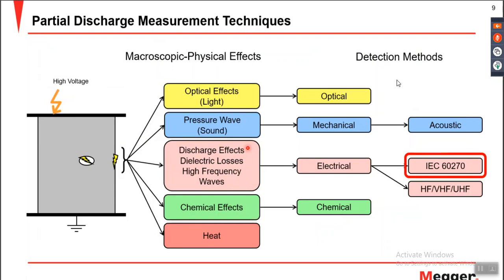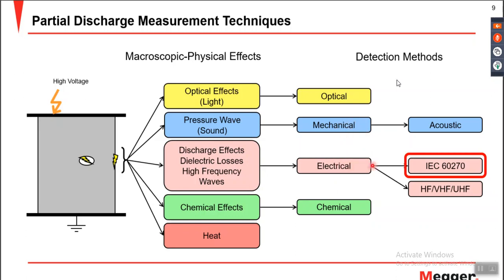Now, coming to the measurement techniques: how can we measure these partial discharges if there is any PD happening inside the GIS? As I explained, whenever partial discharge happens, it emits energy in different forms, which can be optical, mechanical, electrical, or chemical. We are more concentrated on the mechanical and electrical ways of measurement, as far as GIS is concerned.